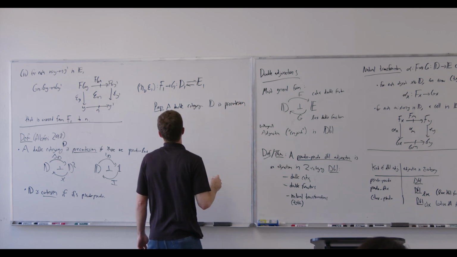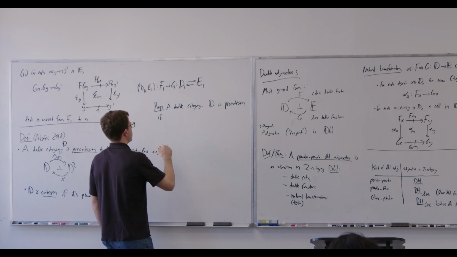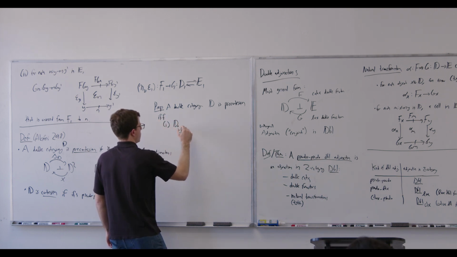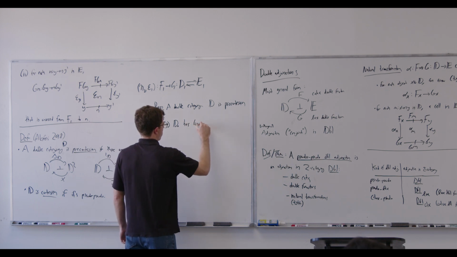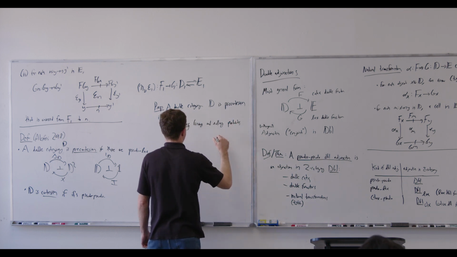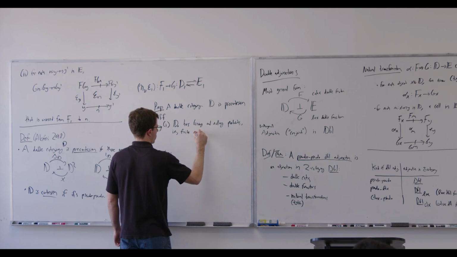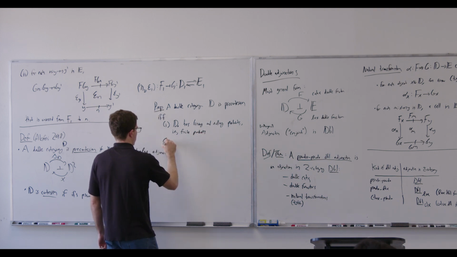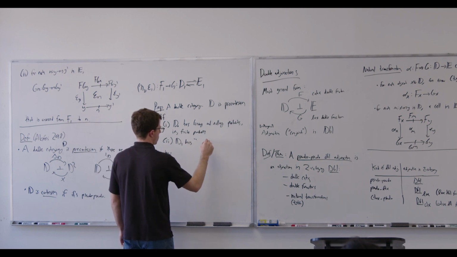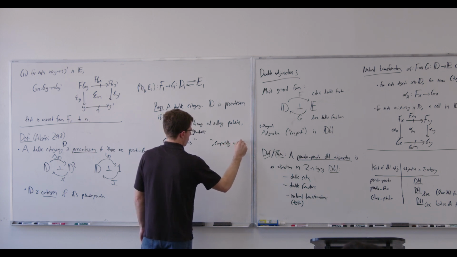pre-Cartesian if and only if D naught has binary and nullary products, i.e., it has finite products in the ordinary sense, and also D1 has the same, compatibly with D0.